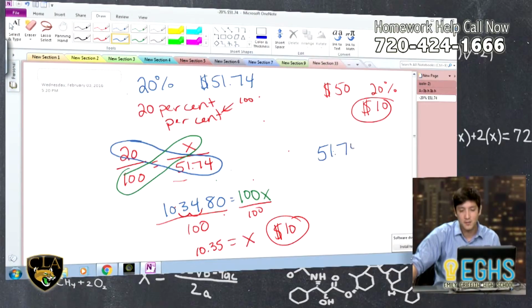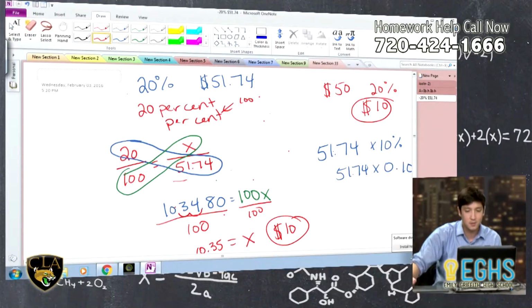So with 51.74, we want to do 20%, but really, like you just mentioned, 20% is just 10% 2 times. If I did 10% of this, well, this is really easy because it's 51.74 times 0.10.